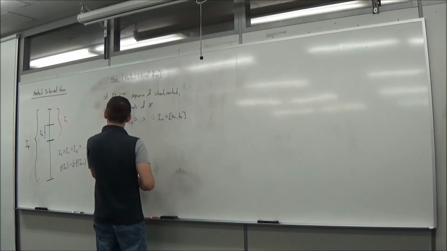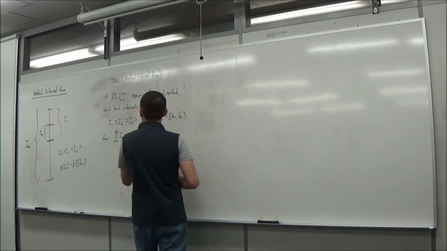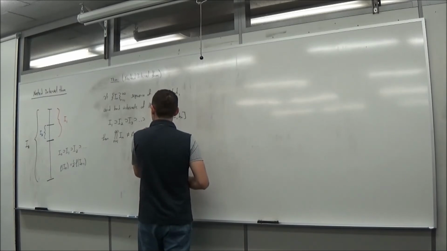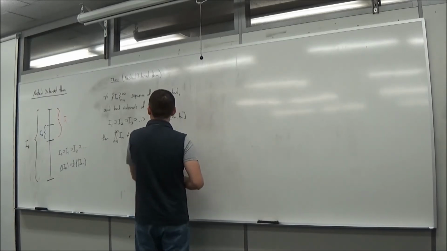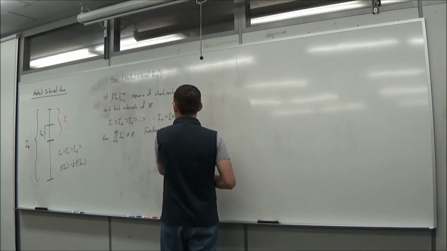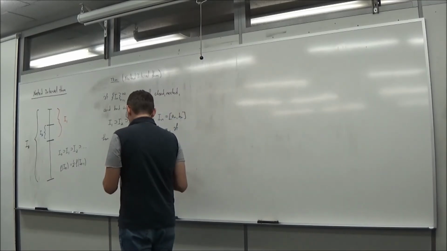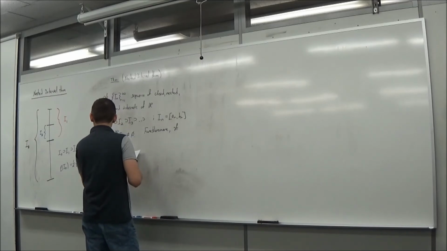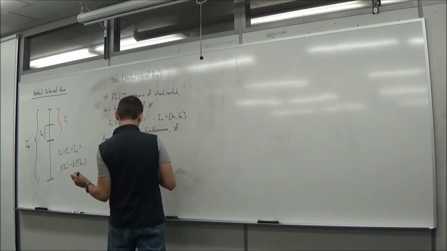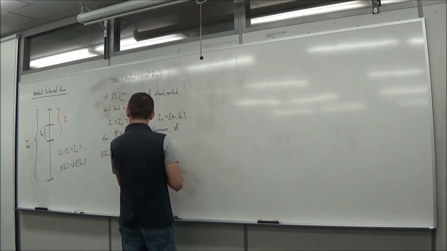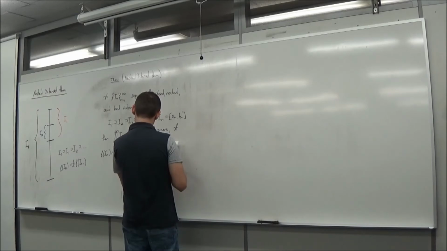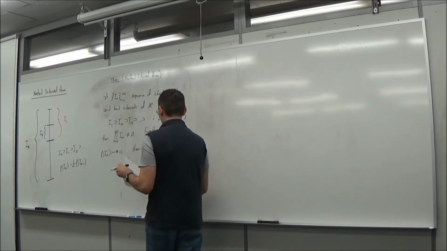Then, if I take the intersection of all those sets, this will not be empty. Furthermore, if the length of the intervals I_n goes to 0, then the intersection contains precisely one point.